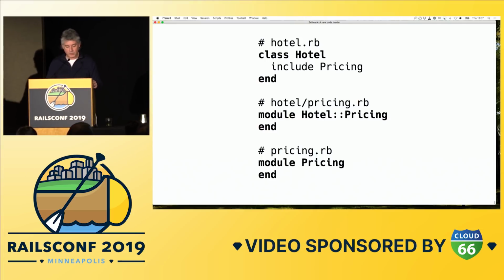Because let's suppose that you have a Hotel class with module Pricing, that you have defined in this second file, and your intention in the first file is to load your own Pricing, the one scoped to Hotel, right? That's the intention. But let's imagine that Hotel::Pricing is not loaded, but you have a Pricing at the top level loaded because of the code path. That can happen in development.